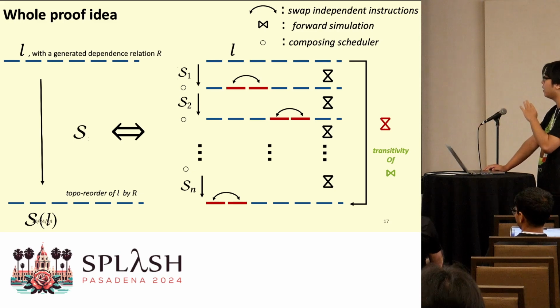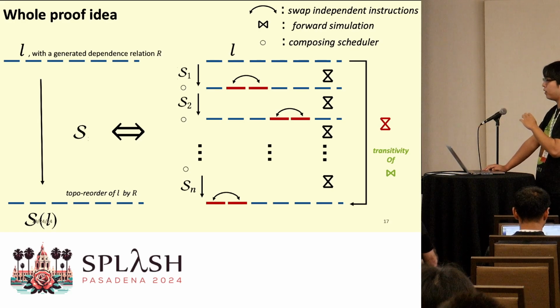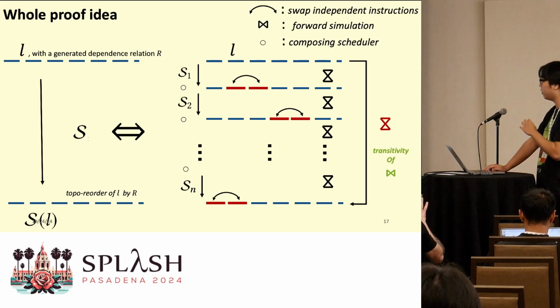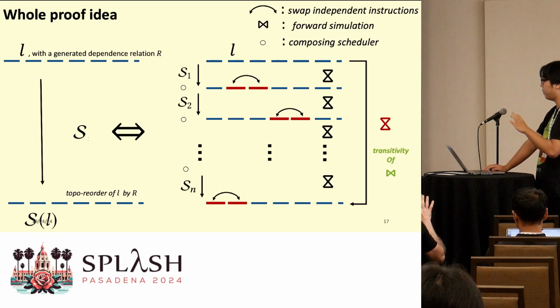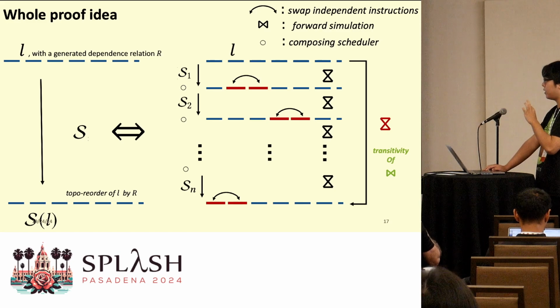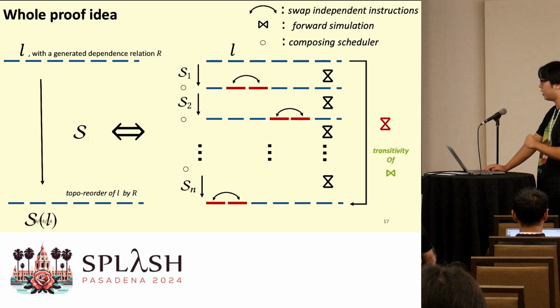So if we have a list of basic instructions and get a schedule that preserves the syntax level dependence, we can prove the forward simulation of the scheduler by proving that it is equivalent to a sequence of little swappers, and little swappers preserve the forward simulation. And according to the transitivity of forward simulations, the full scheduler preserves the semantics.